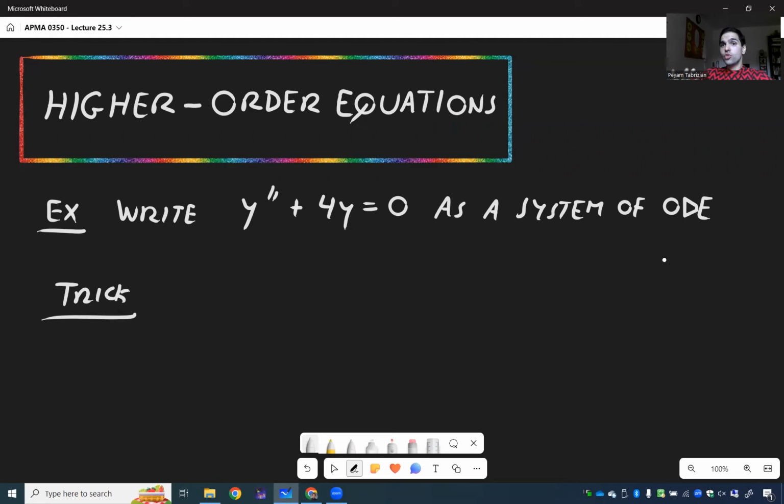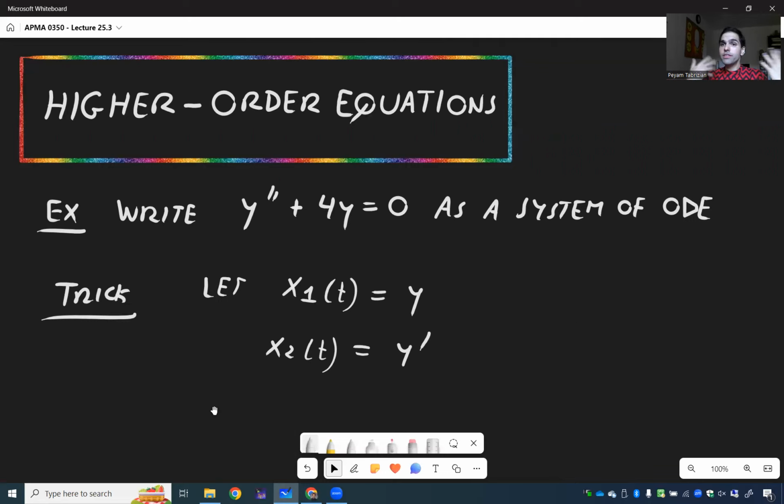So we need two functions. We need an x1 of t and then an x2 of t. Now, x1 of t, well, one idea is to use our function y. And then what about x2 of t? How about we use the derivative?